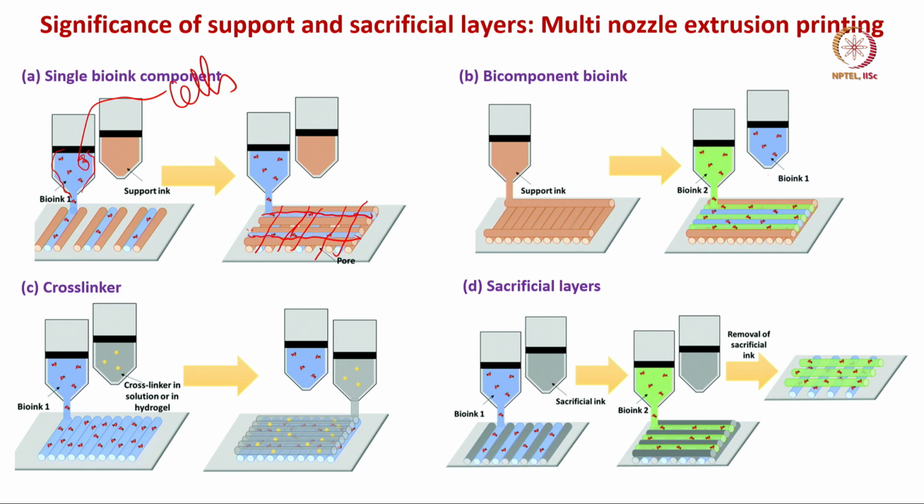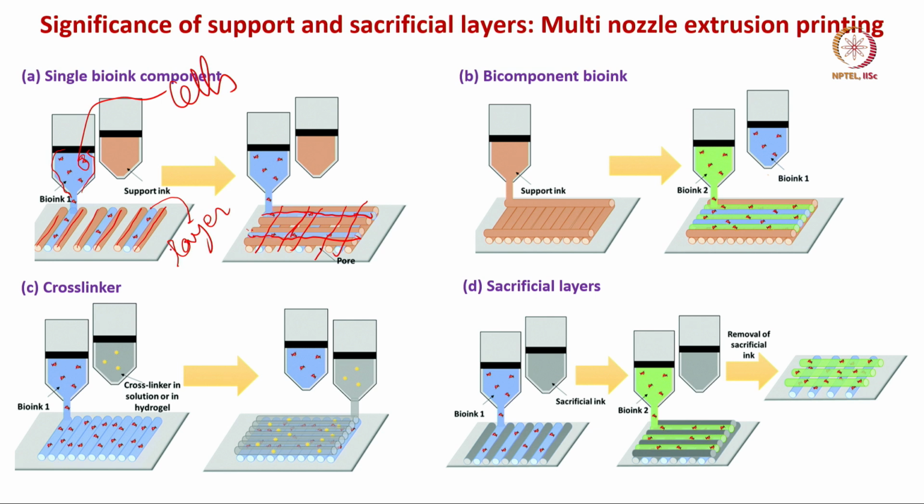Now in order to guide the structure formation of this kind of 3D printed structure, you need to have some support ink also. This support ink essentially will print auxiliary layers or additional layers. Within these two layers, this particular layer of the 3D bioprinted scaffold will be contained.